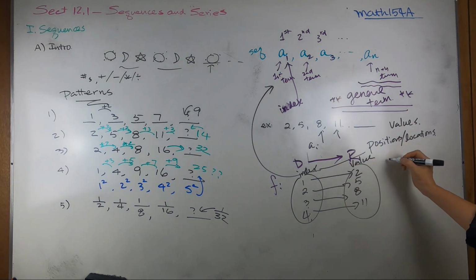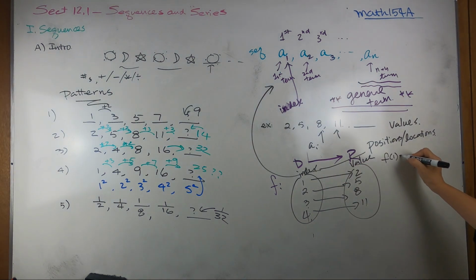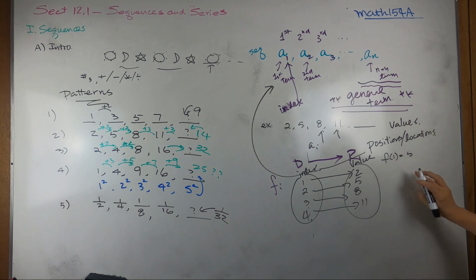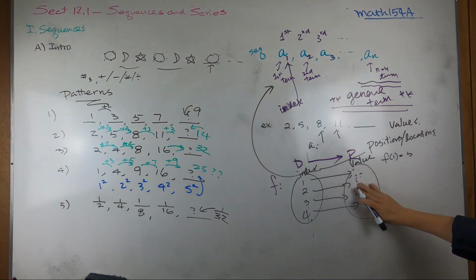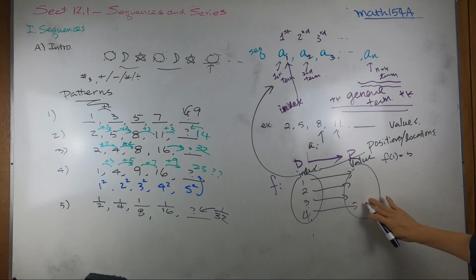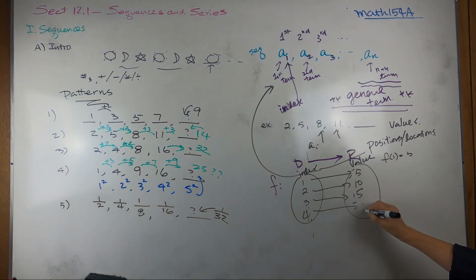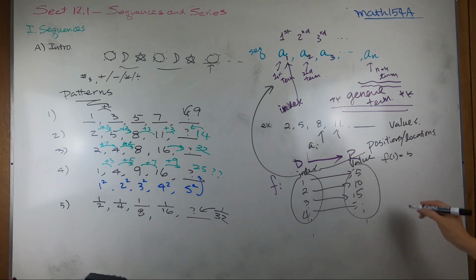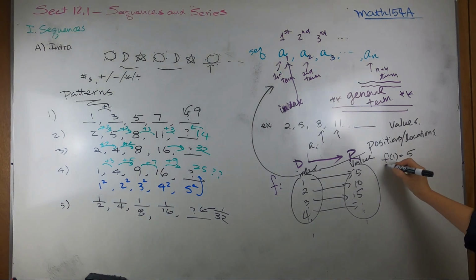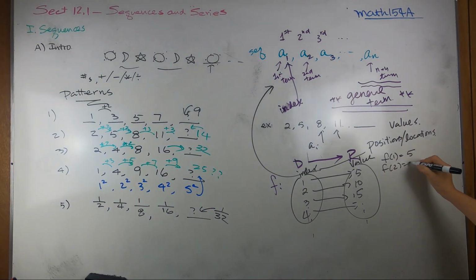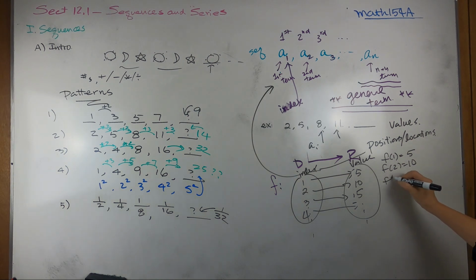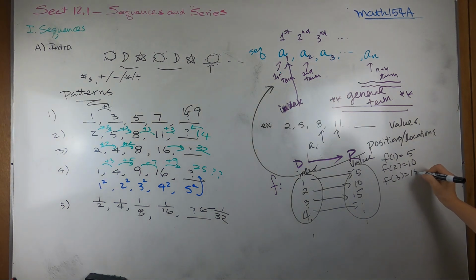So if we write it as a function, what does f of 1 mean? Say instead of 2, 5, 8, 11, I have 5, 10, 15, and so on. Then f1 would be 5, f2 would be 10, f3 would be 15.